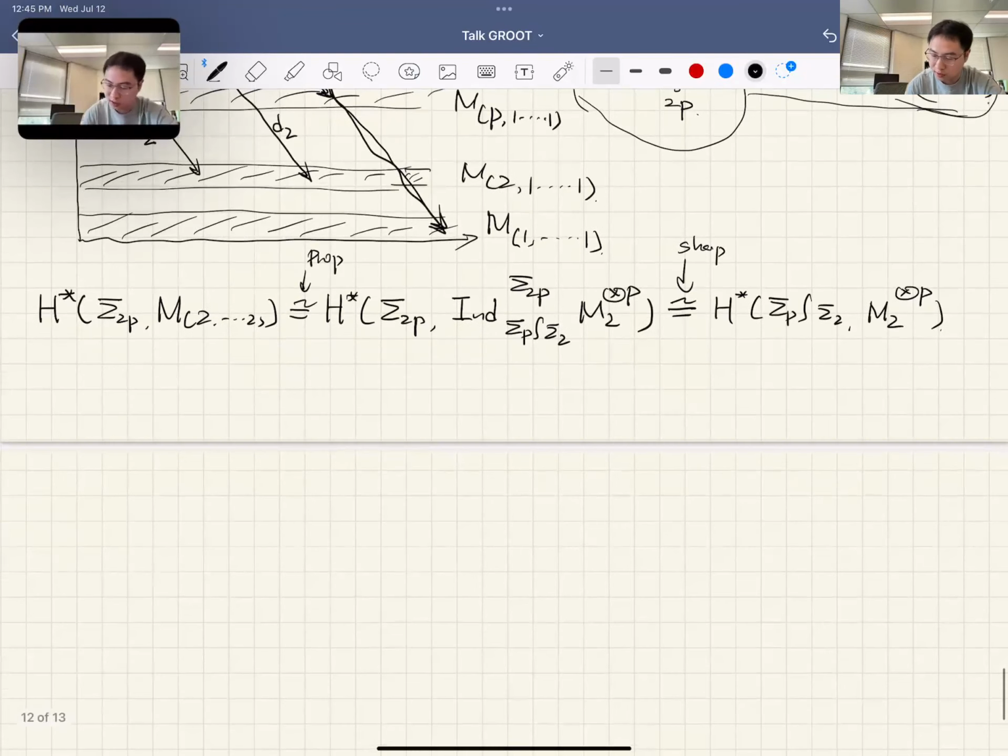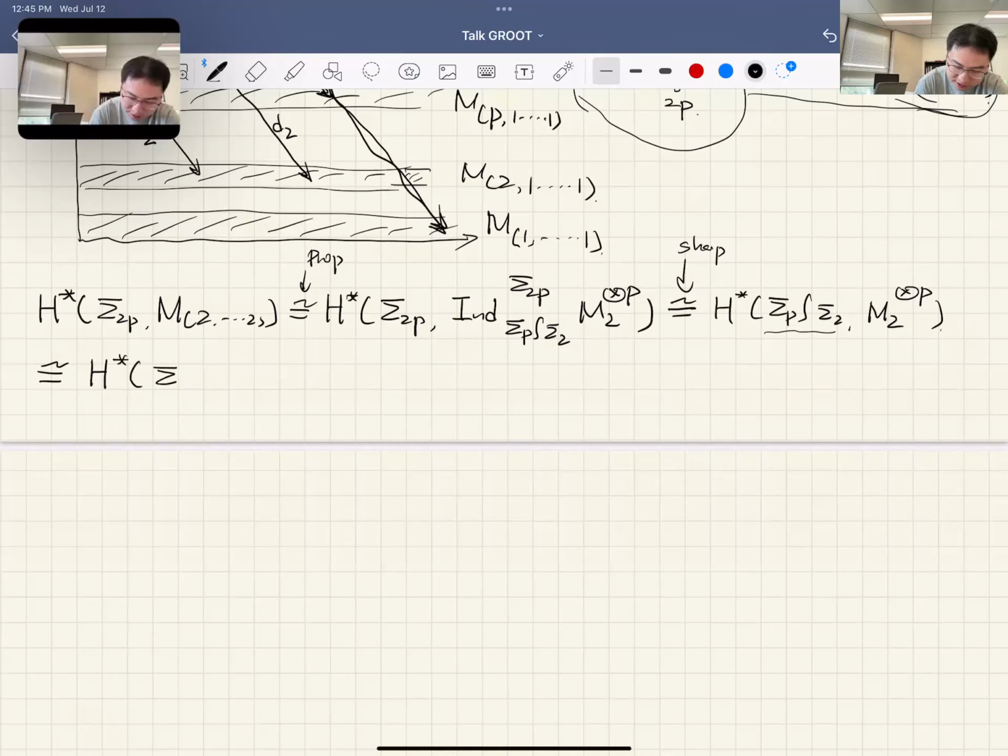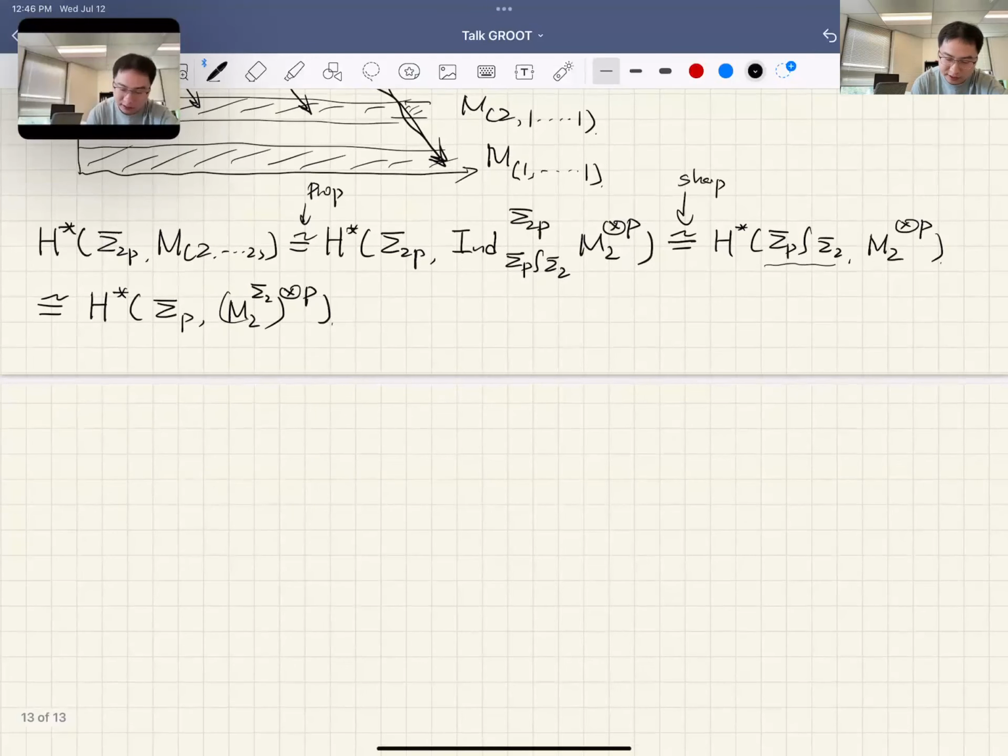Okay, how do I approach this? By the Hochschild-Serre spectral sequence, I can decompose this one more step. This is isomorphic to H star of B sigma p with coefficient in the m2 sigma 2 invariants, tensor p times. And what is m2 sigma 2? m2 sigma 2 is just the top homology, or top cohomology, of RP n-1.